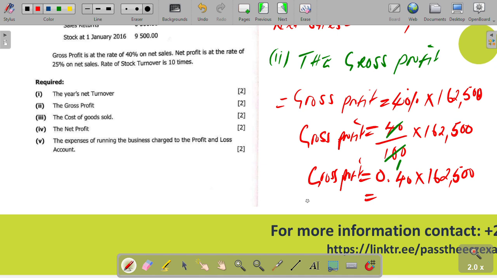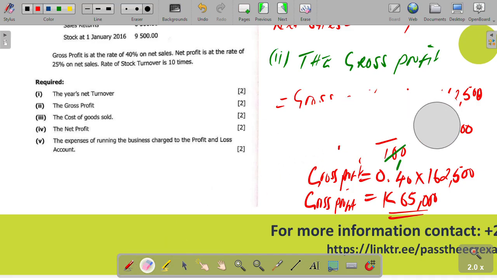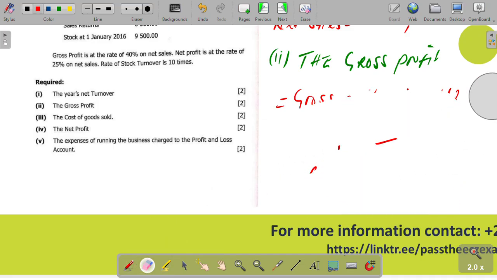Use your calculator. What do you get? You get 65,000. So this is our gross profit. Okay, this is how you calculate. Continue. Let me just wrap this again. Our gross profit is 65,000.